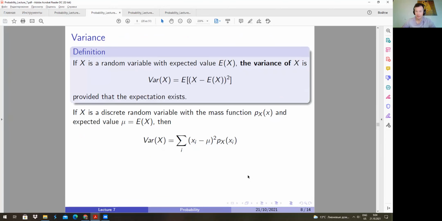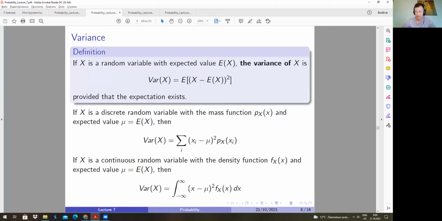For a continuous case, I also substitute x in the formula for an expectation with x minus mu squared, and I get this. Basically these two formulas are formulas of expectations, where in place of x I have this special object, x minus mu squared.